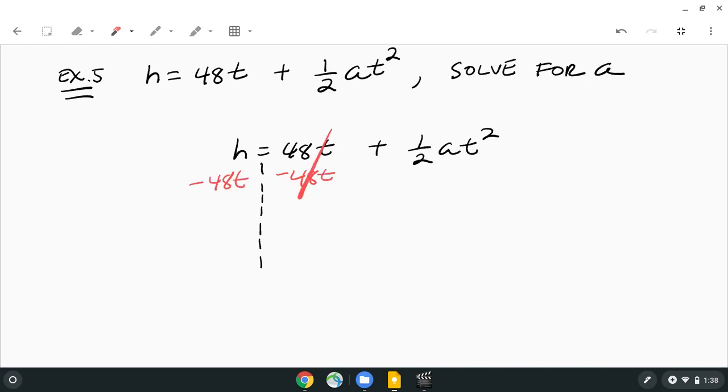They cancel out. Now if you take a look on the left-hand side, h minus 48t, you can't do that. They're not like terms, right? So you can't actually do this subtraction. So all you're going to do is bring all of this down. You're just going to write h minus 48t.